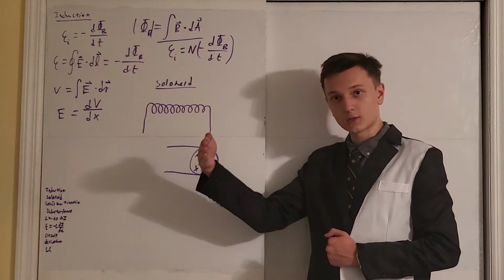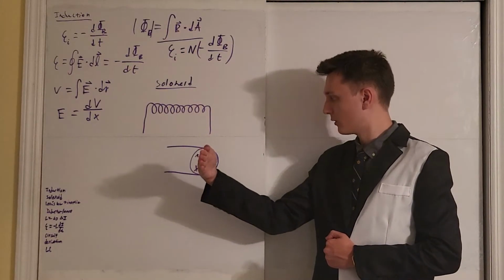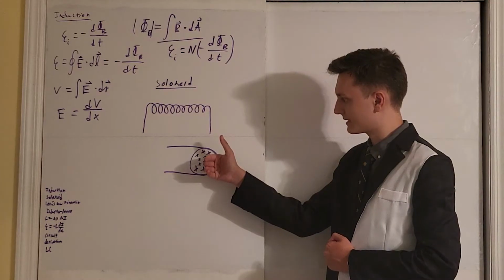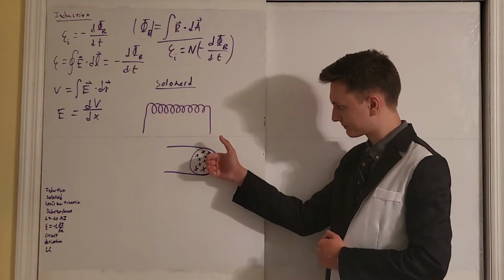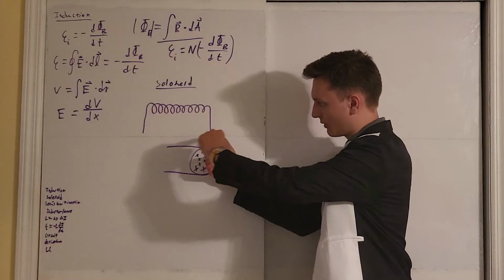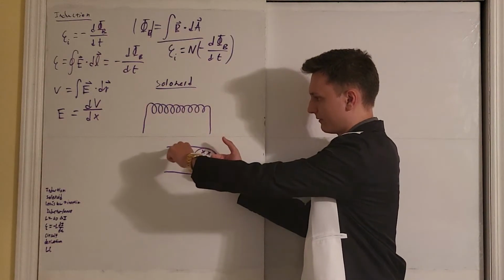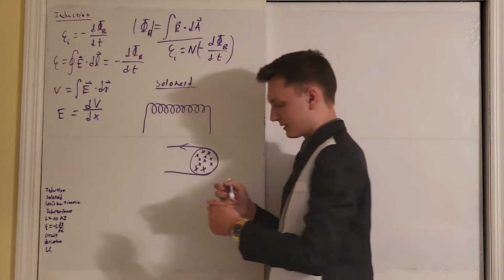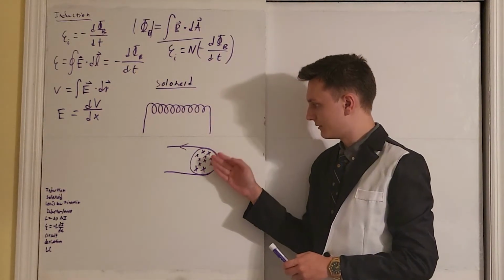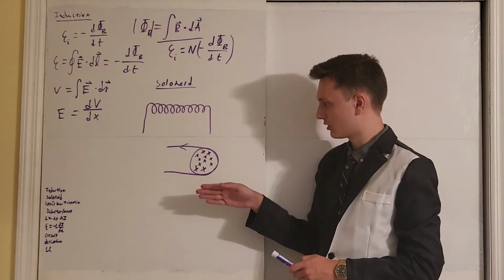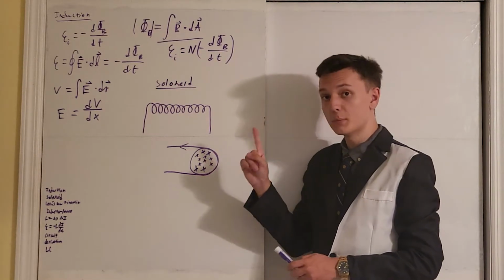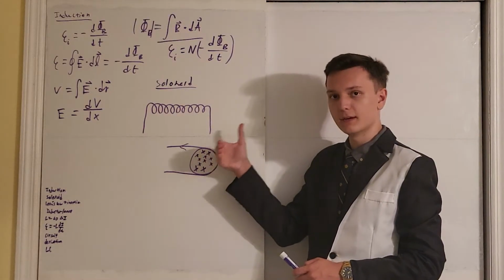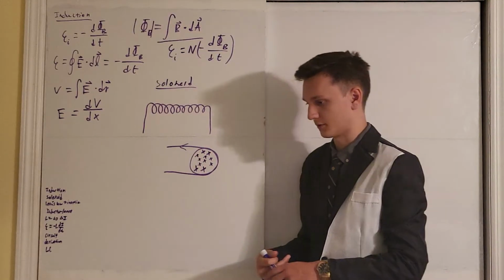So if the wire needs to create a magnetic field pointing this way, we're going to use the right-hand rule, wrap our hand around the wire, and discover that the induced EMF is going to induce a current flowing this way through the wire. Okay? Such that the difference between the initial and the final field momentarily will be accounted for by the increased field provided through this current, okay?